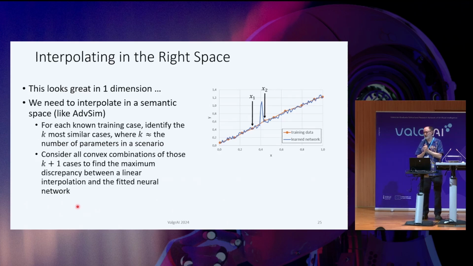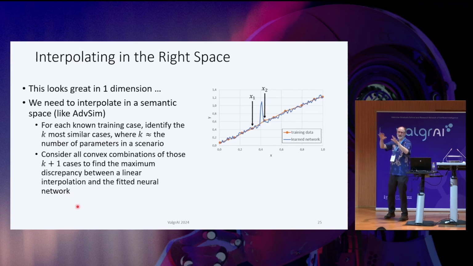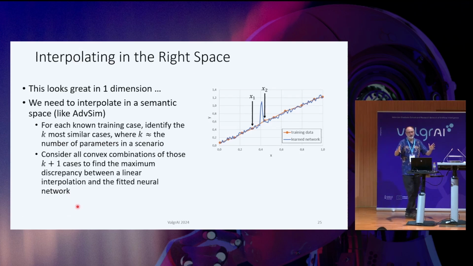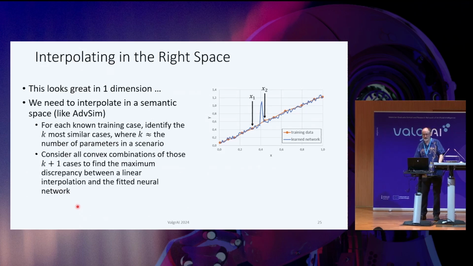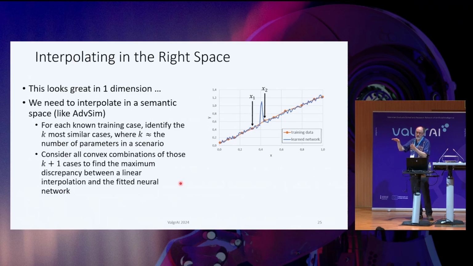In any case, this looks great in one dimension, but if we have an 8 gigapixel image, trying to do this in 8 billion dimensional space would not be wise. So again, I think we need to be interpolating in a smart space, like the space that AvSim uses, where we're changing trajectories and positions. AvSim is operating in something like a 50-dimensional space, and that seems much more reasonable.